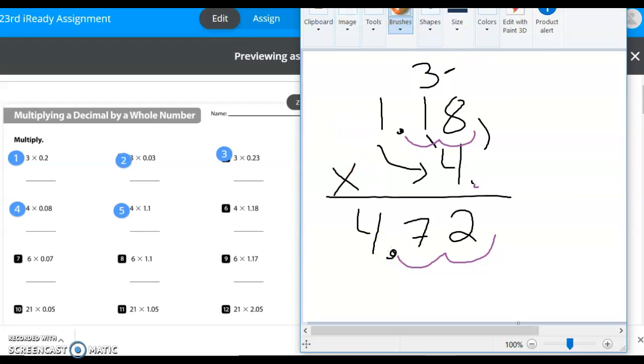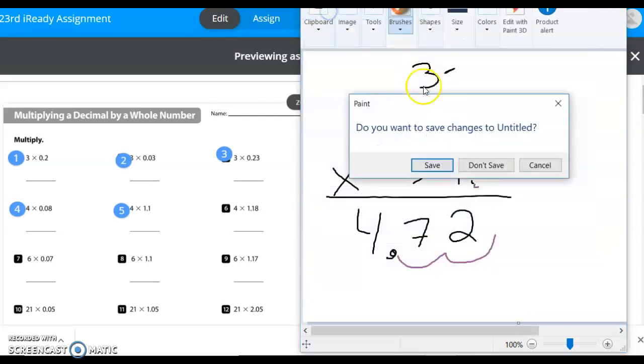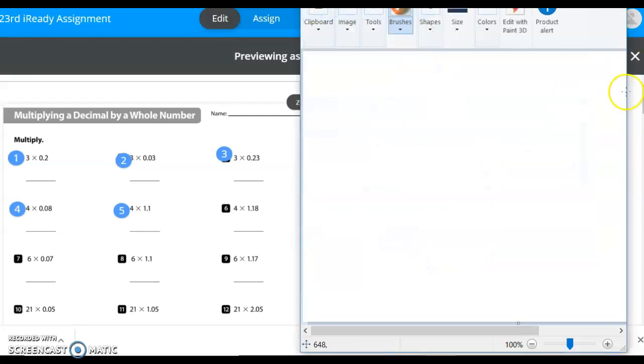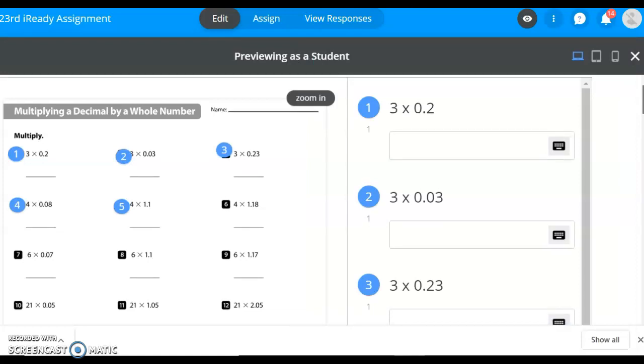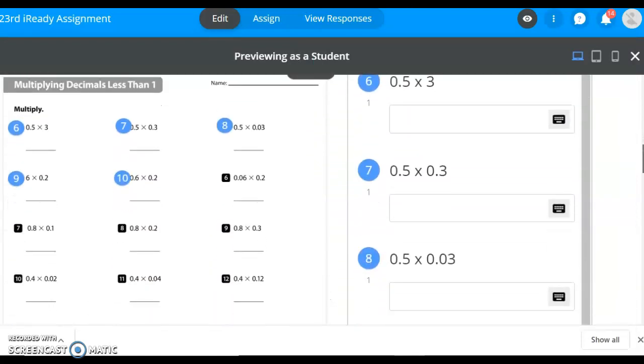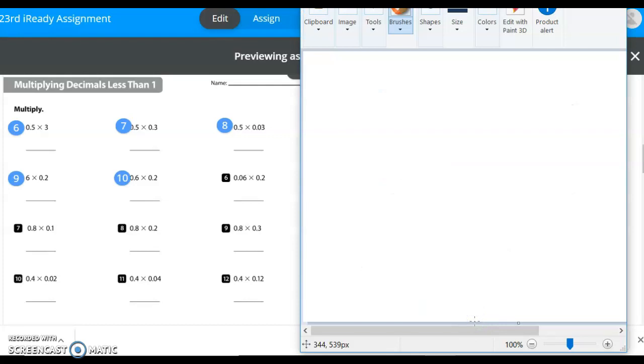So I'm going to clear this, get a new page, and I'm going to go down because we're following the same rules. No matter if we're greater than 1 or less than 1, it's the same rules. So let's pick number 6 again.